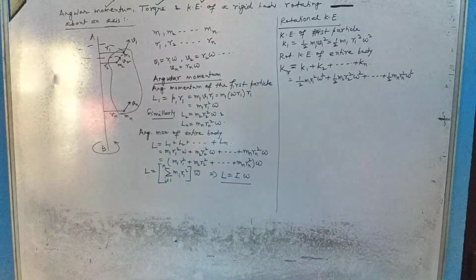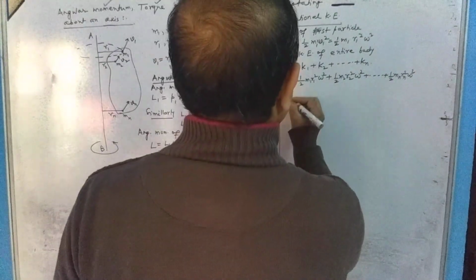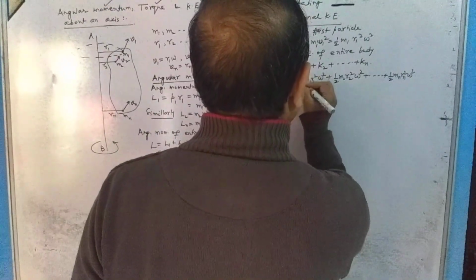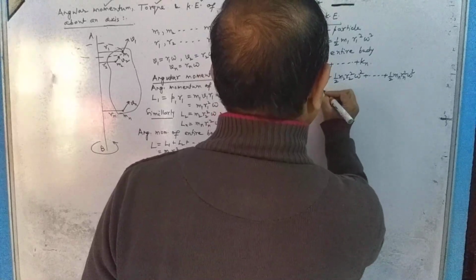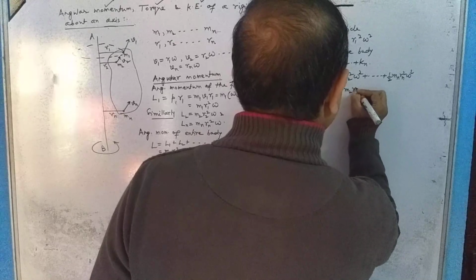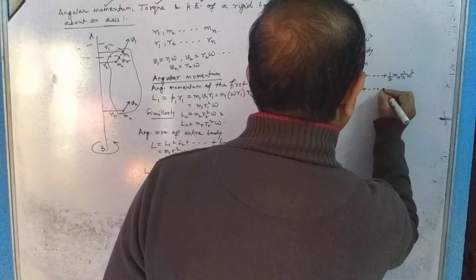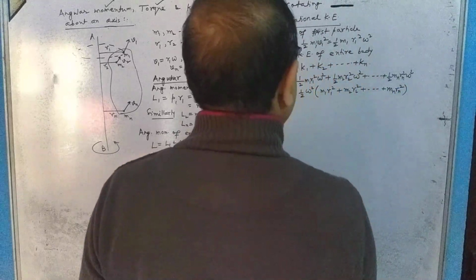Look, because omega is always constant for all, that's why we can write this as half omega square times m1 r1 square plus m2 r2 square and so on up to mn rn square.